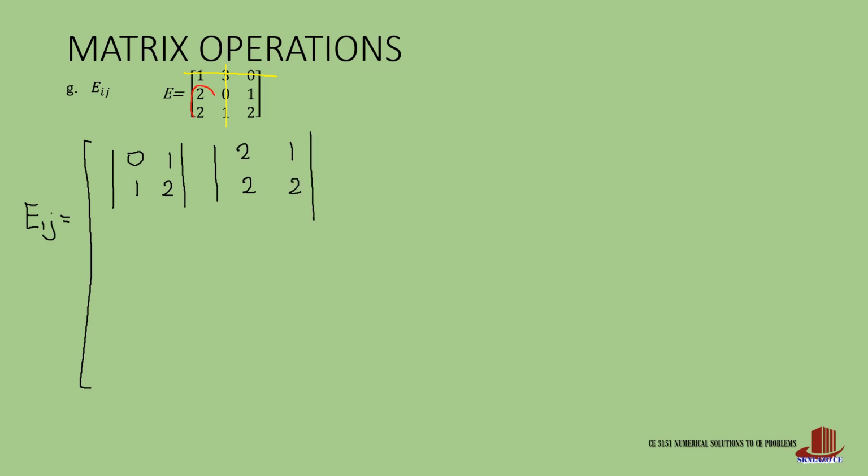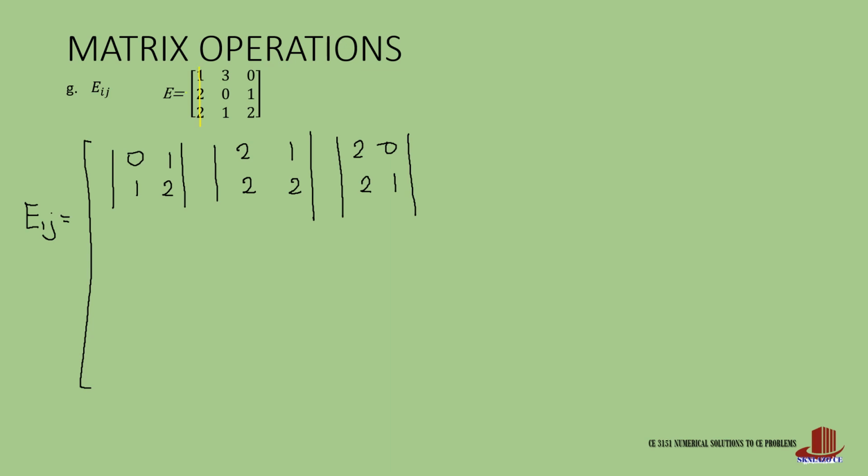These are such values. How about the next element? Eliminating the third column, we would have our values or minors 2, 0, 2, 1. And we are done with the first row.